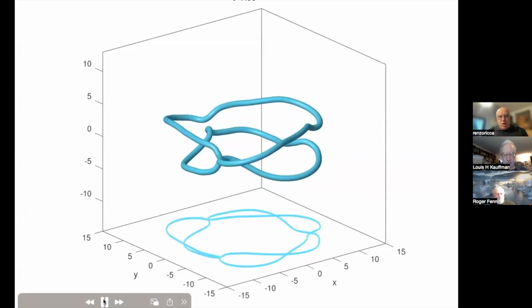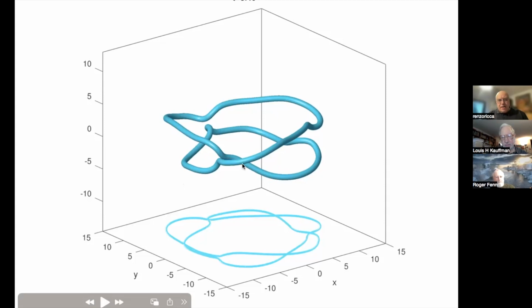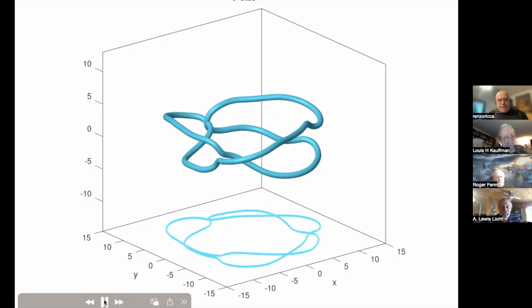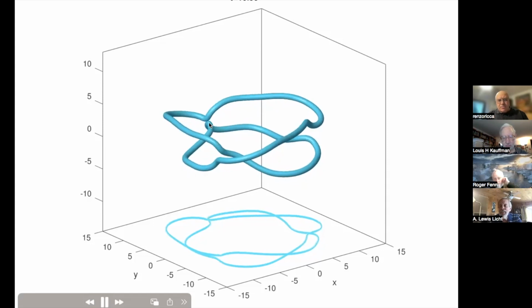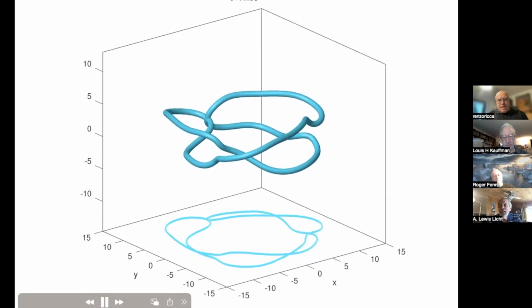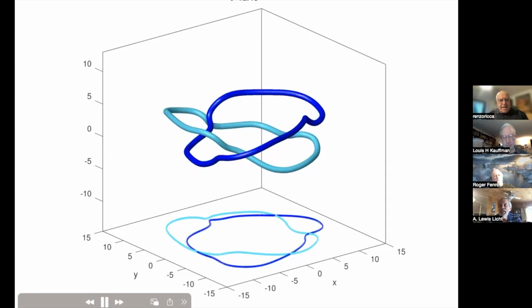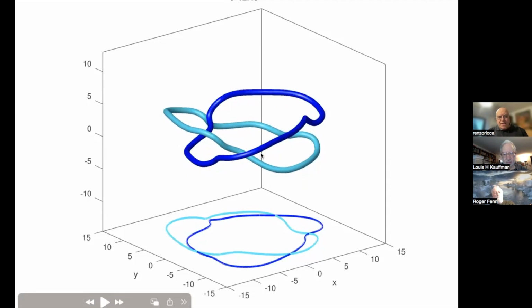And this is what we want. If I stop here, you see very well a loop that goes around, highly convoluted, of course. And we keep going. There is a secondary reconnection here in a moment. And here you have it. And then you have this Hopf link formed.